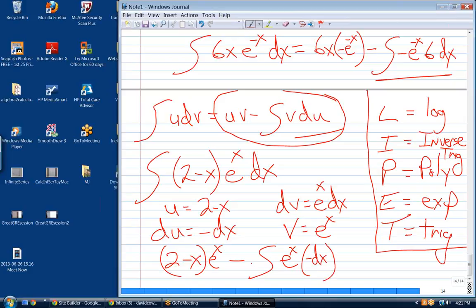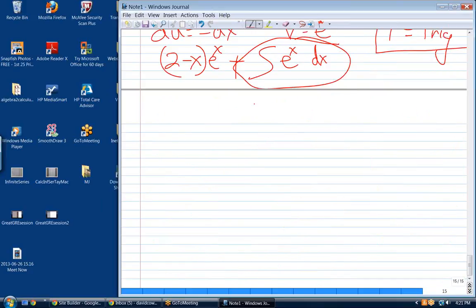Let's take that negative sign out, making that positive. And then what's the answer? E to the x. Yeah, it's just e to the x.